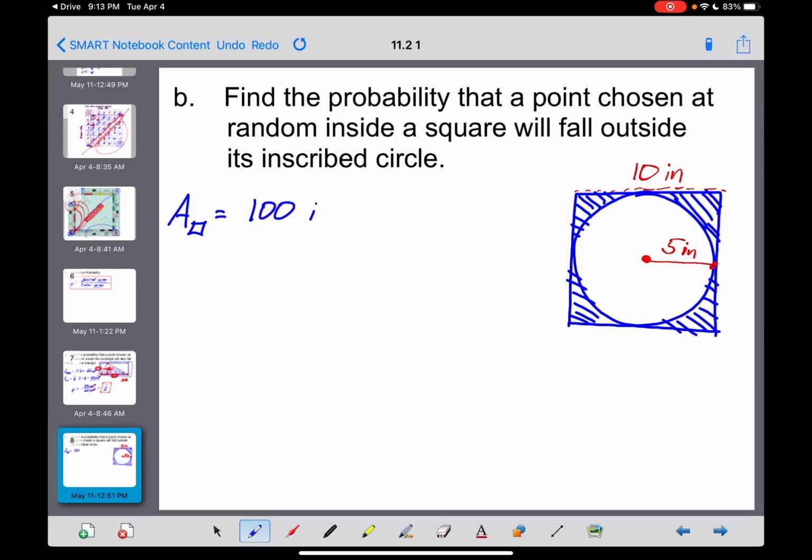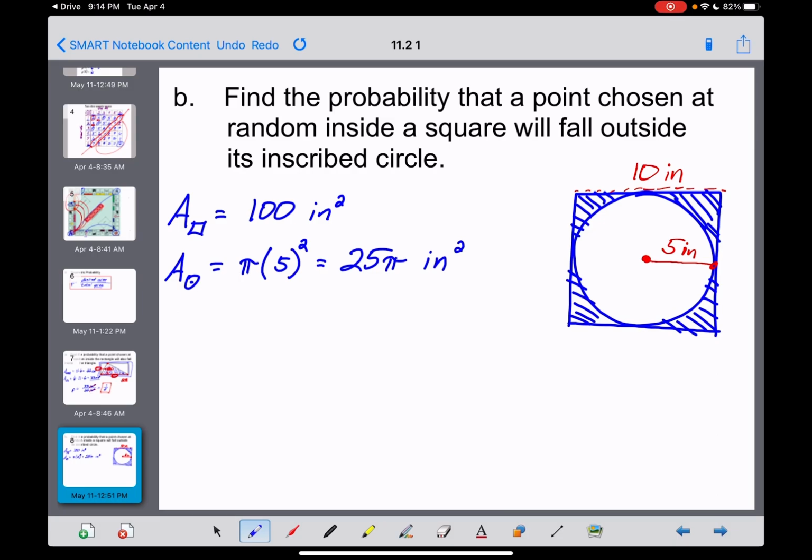That would be 100 square inches. The area of the circle, hoping you guys remember this, is pi multiplied by your radius, 5, squared. So the 5 squared is 25, and then we would just stick a pi on the end of that. 25 pi, and that would be square inches for the area of the white circle.